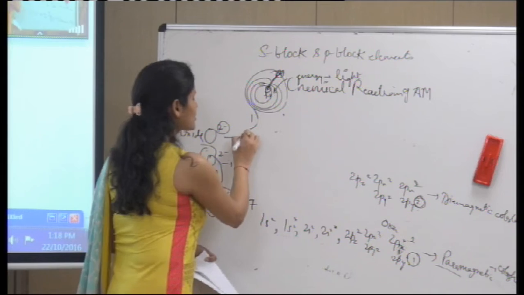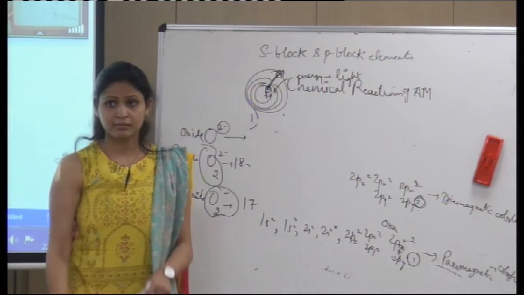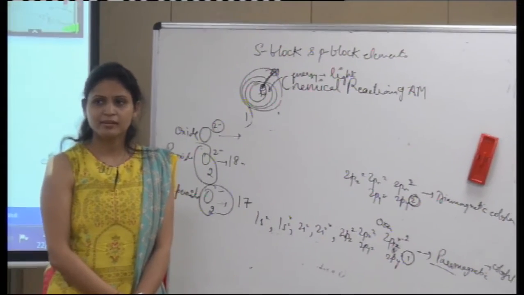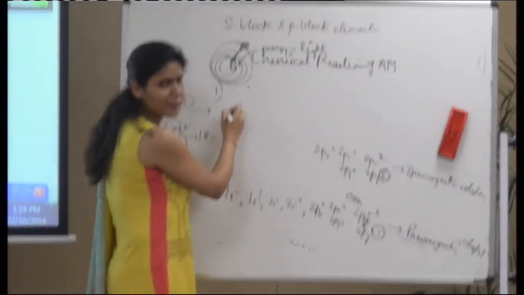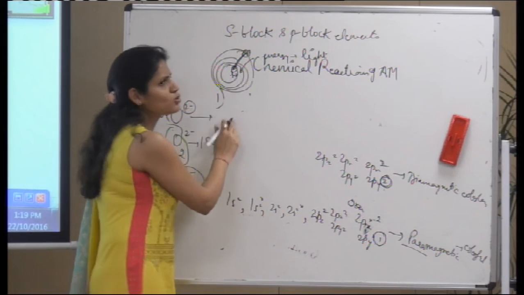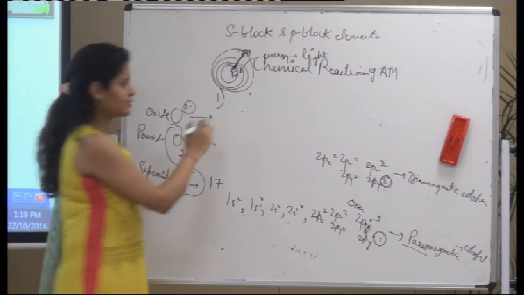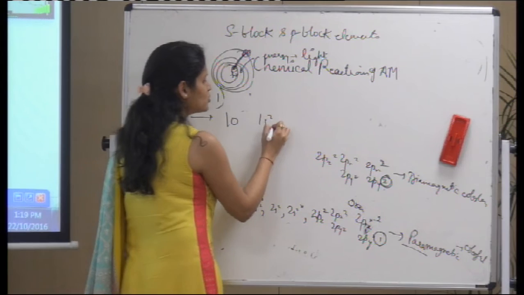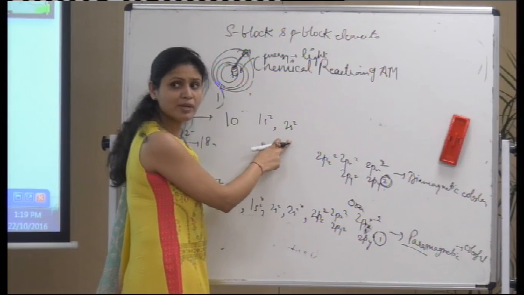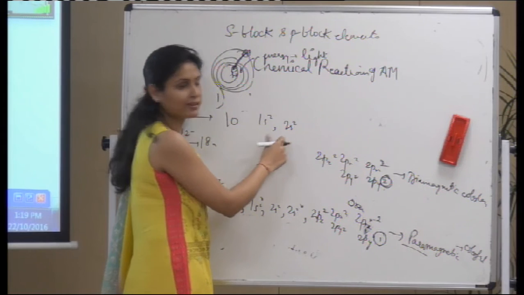And what about oxide? Would it be paramagnetic? Are you sure? Number of electrons in O2 minus 2 is 10, 1s2, 2s2, 2p6.